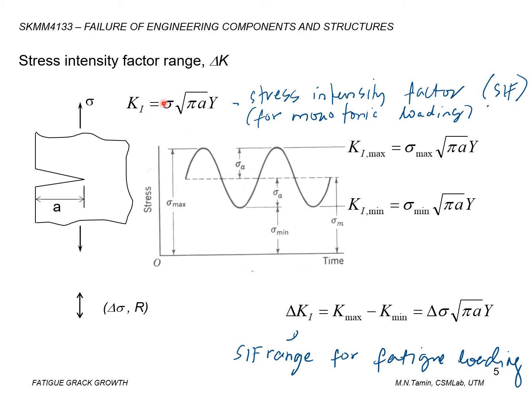While K1 is referred to as the stress intensity factor, delta K1 is called the stress intensity factor range, and that is applied for fatigue loading. The subscript 1 only refers to mode 1, where the crack is going to propagate perpendicular to the applied stress, and therefore this is considered the opening mode of the crack.